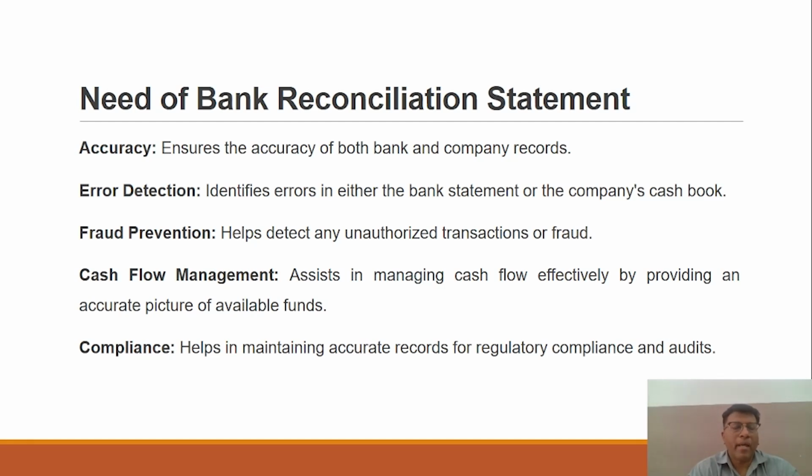Maybe some errors are taking place in the passbook, because if you are making a transaction with the bank and the bank is not recording that transaction by mistake, you find that there is a gap in the passbook balance. Okay, but you are maintaining your cash book already, so you think that you have already recorded that particular transaction in the cash book, but it is missing in the passbook.